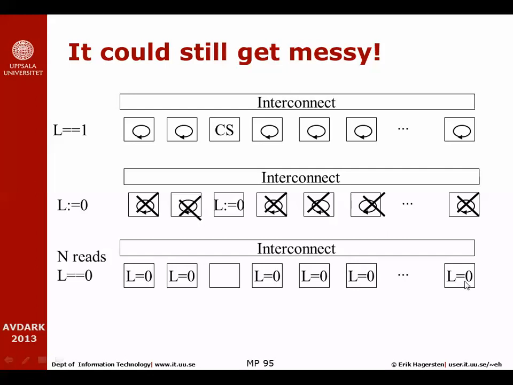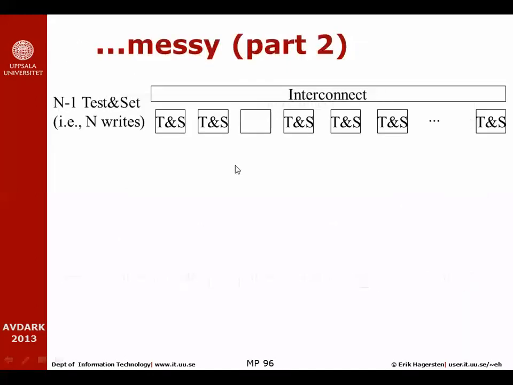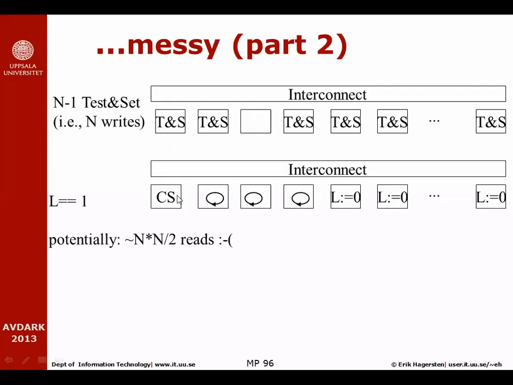They will fall out of this while loop where they did the nice test using a read operation, and then they'll all get aggressive and try to perform a test and set operation in the network. And as we know, test and set looks like a write operation. So that means that they will start to invalidate each other back and forth like crazy.